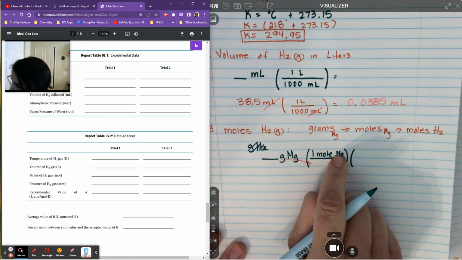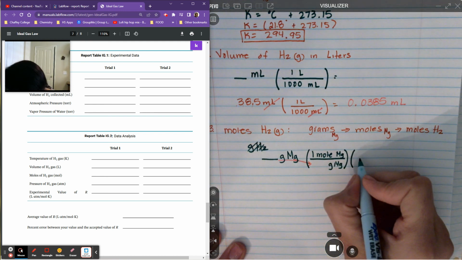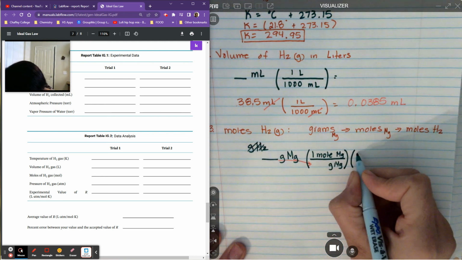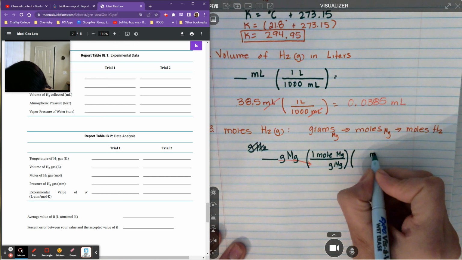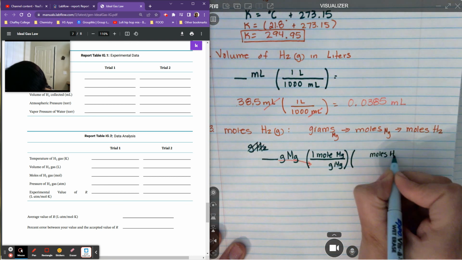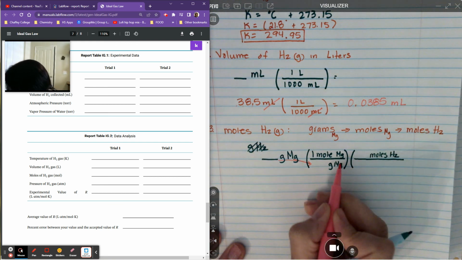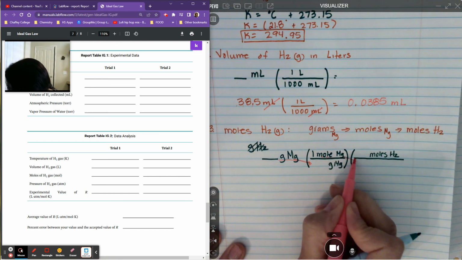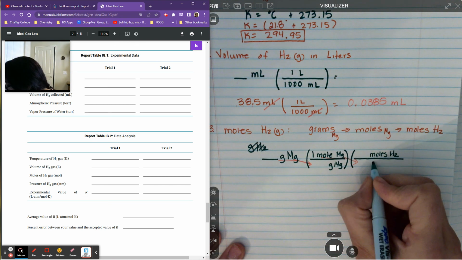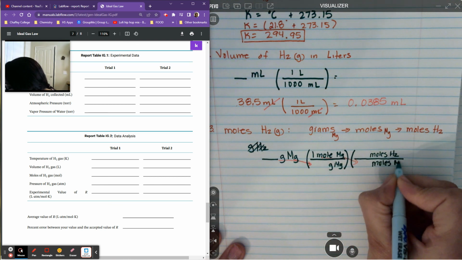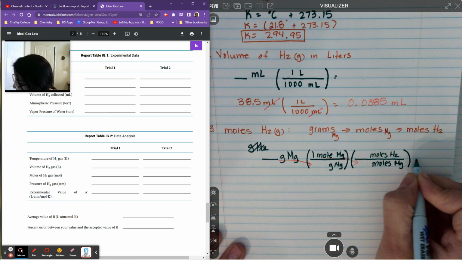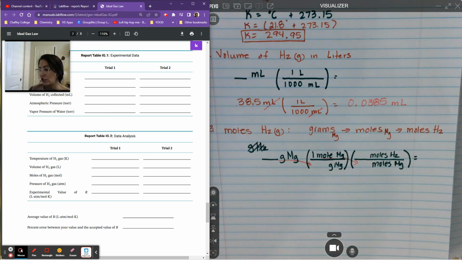Then we're going to convert moles of magnesium into moles of hydrogen. So I want moles of hydrogen on top, and I want to get rid of moles of magnesium. So remember, take this unit here and bring it down. Moles of magnesium here. And that should solve our problem.